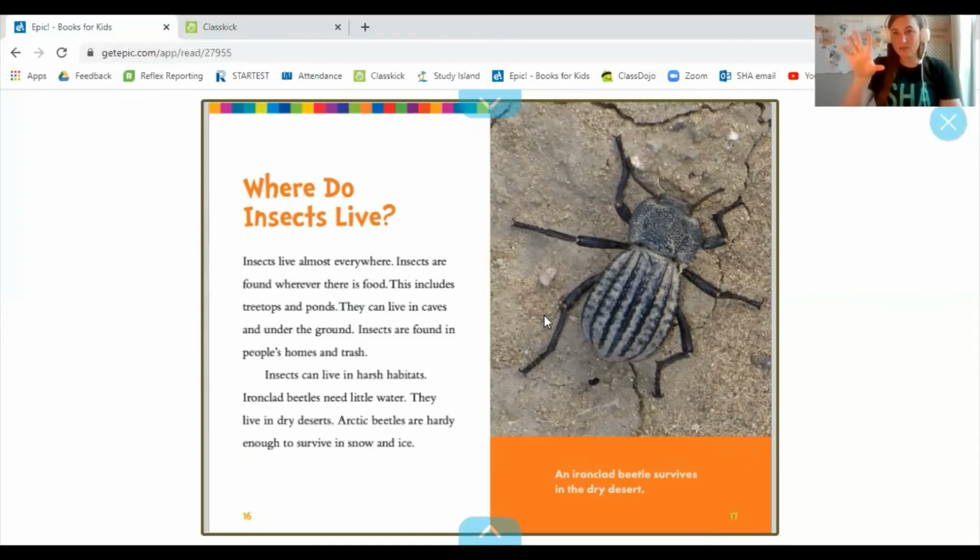There's going to be a picture of this page on Class Kick, and you're going to write down notes, remembering those 5 things we take notes on. So any new information you learned, an important image, if you have a question, if you find a word that you don't know, or anything important that you want to remember or an idea that you have.